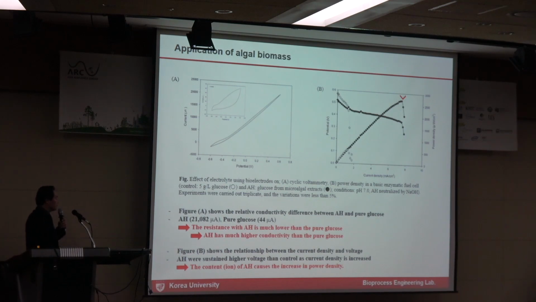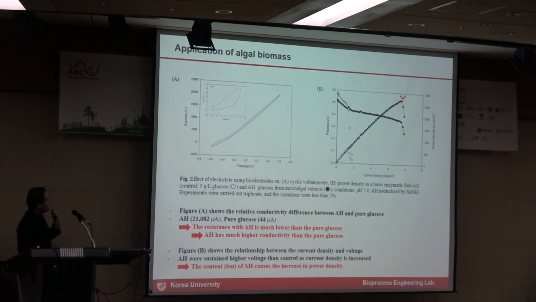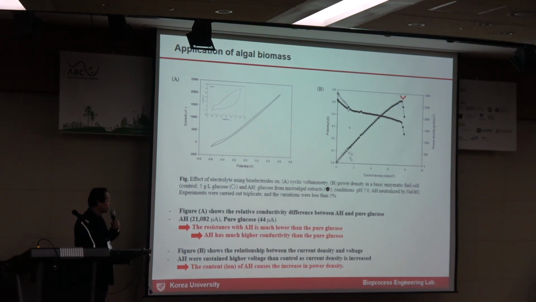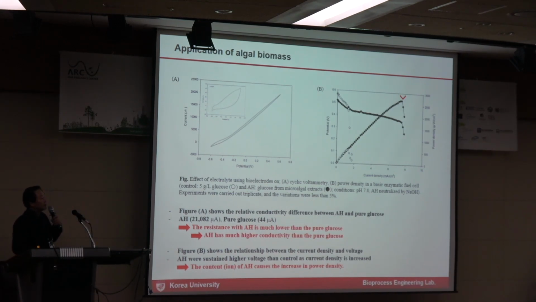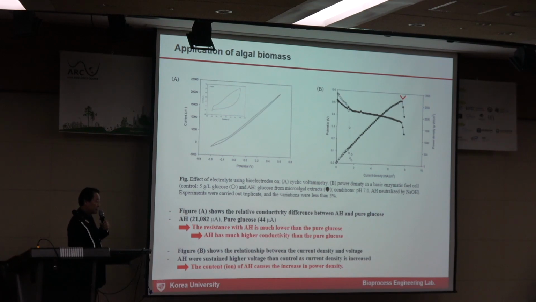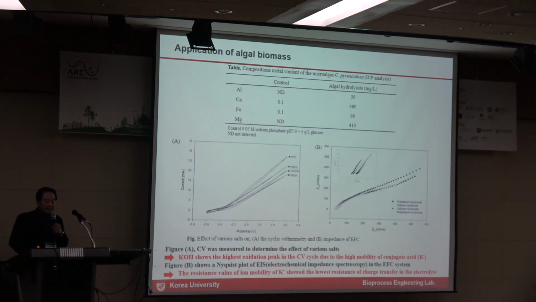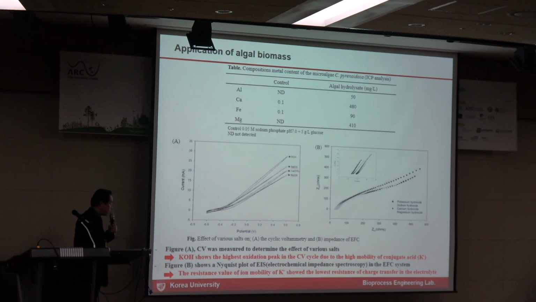You can see the resistance with algal hydrolysate is much lower than with pure glucose, and of course, the conductivity is higher than pure glucose. This hydrolysate contains some special ions for increasing power density as well. This also shows more detail on why we could get the higher power density.